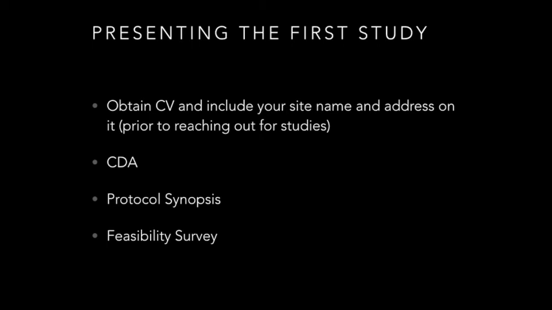And for the studies we get, I have to start adding your experience to your CV. So I'm going to maintain your CV for you. As we get studies, I can add them to your CV, and pretty soon you're going to have a lot of studies on there. So obtain their CV in a Word document, include your research site clinic business name and the address on the top, and then start biz deving, meaning start getting studies, which is a whole other module that we're not going to get into right now.